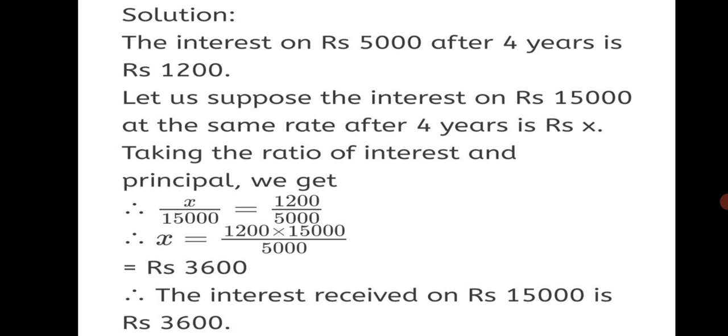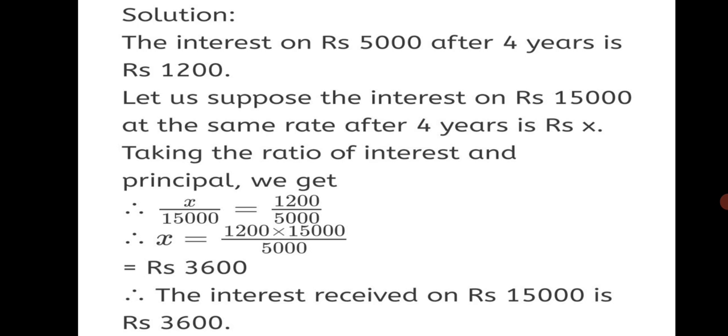Let's have a look. The interest on rupees 5,000 after 4 years is rupees 1,200. So let us suppose the interest on rupees 15,000 at the same rate after 4 years is rupees X. In proportion we have to take. You have learned already how to solve the sum based on direct proportion and inverse proportion. So taking the ratio of interest and principal, we get X upon 15,000 is equal to 1,200 upon 5,000.